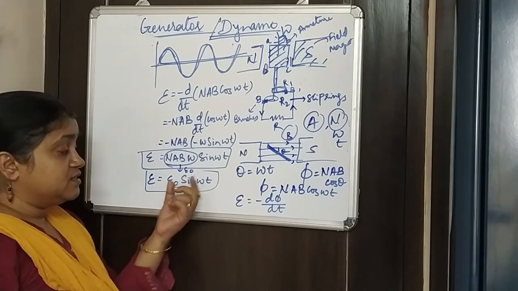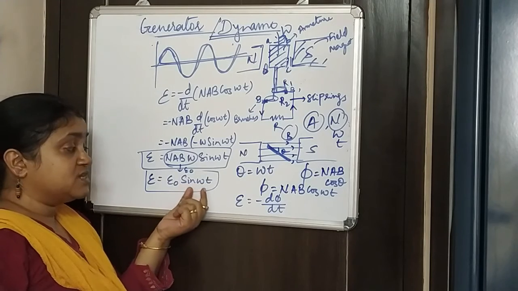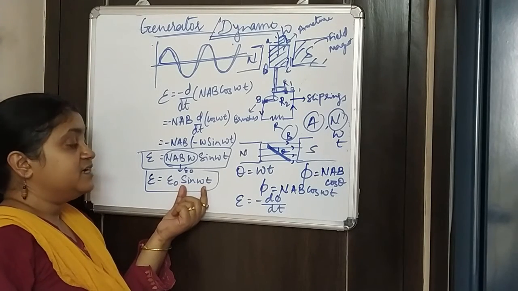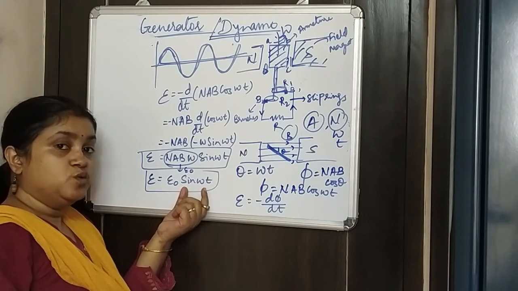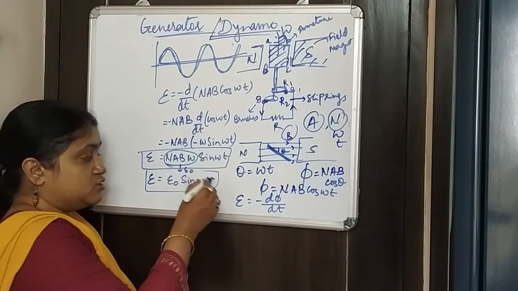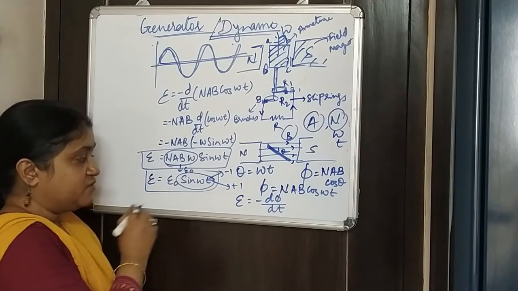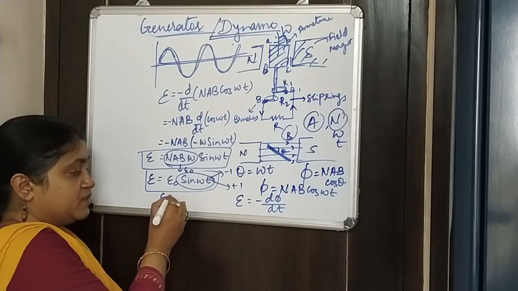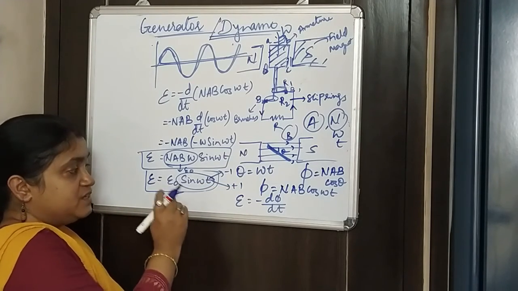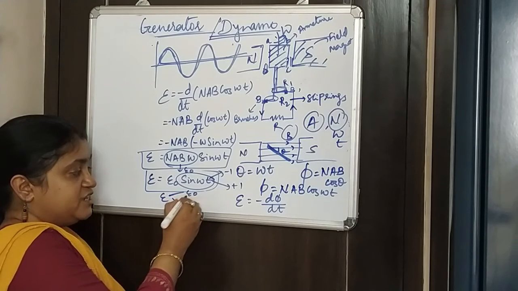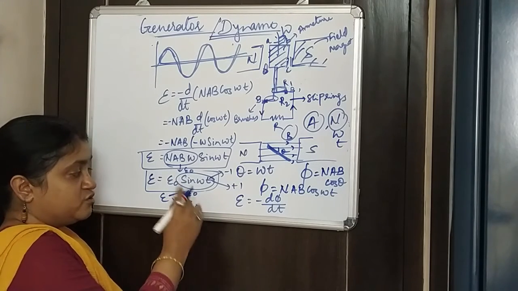Now as we know, the sine value of angles varies from -1 to +1. So this whole thing can go to -1 and to +1. Therefore, the E value will range between plus E naught and minus E naught, right?